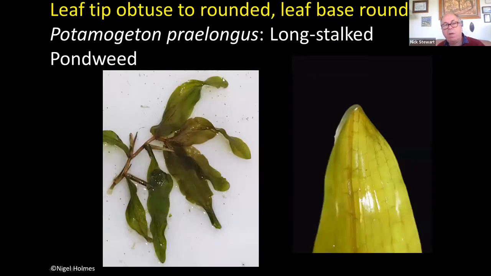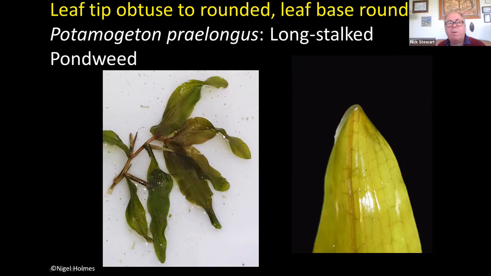Praelongus tends to have longer leaves, but you can see here the stipules are much more prominent, and they will persist even to when the plant's rotting away. You'll still have fibrous remnants of the stipules visible.